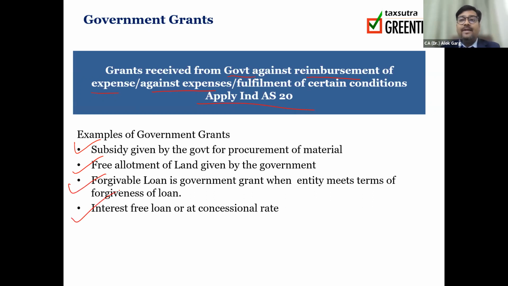Interest-free loan or loan at a concessional rate. For example, government has given interest-free loan. In that case, the grant which is related to the market rate of interest will be considered as a government grant. Or the market rate of interest is 10%. The government is under subvention scheme, the government is providing a relief to the company, and government is providing a loan at 4%. So this 6% will be treated as a government grant.